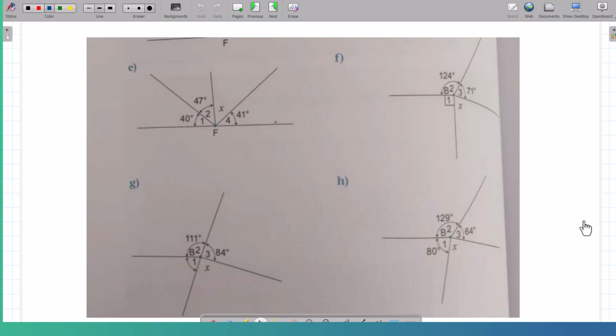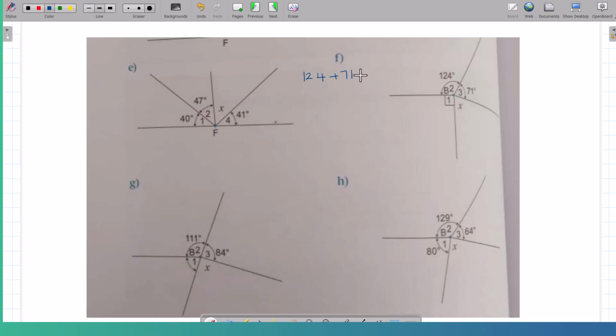So our F, if you check our F here, what are we gonna say? Any suggestions? What must we do, guys, now to get our x? We're gonna say 124 plus 71 equal to 180.